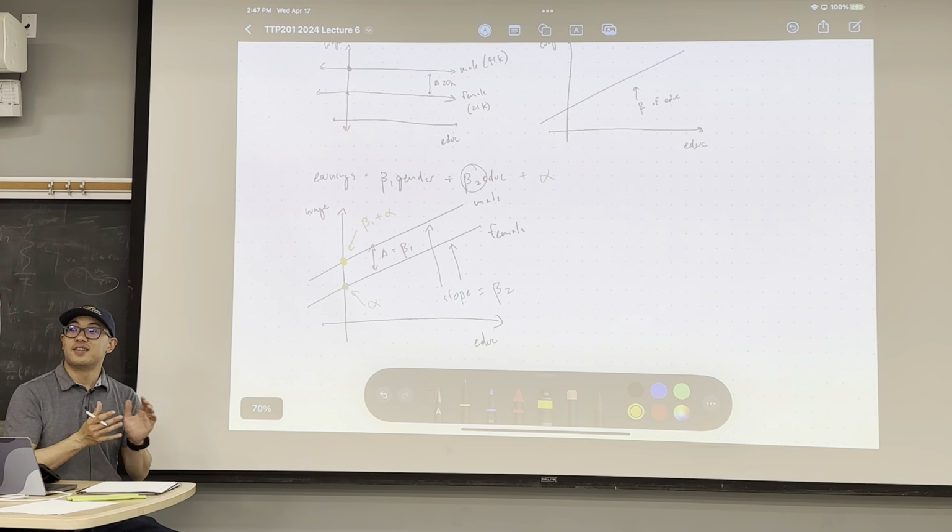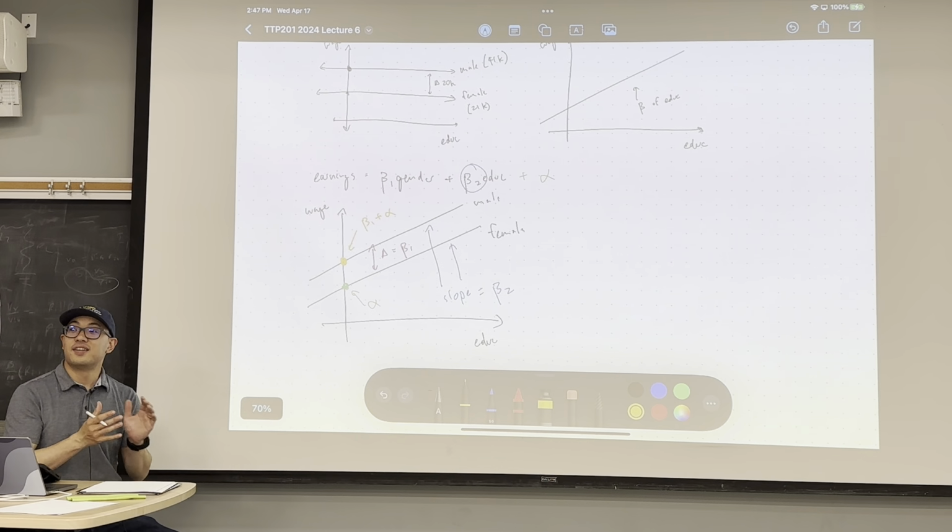So if the slope of female is beta 2, what would the slope of male be? Anybody? Any guesses? Yes? It would actually be beta 2 plus beta 3.